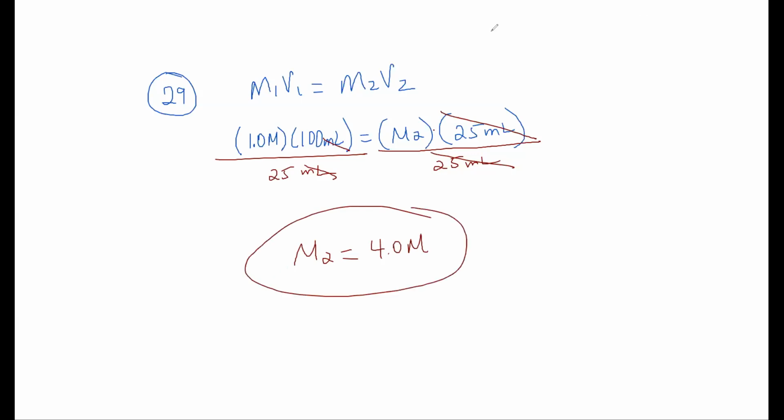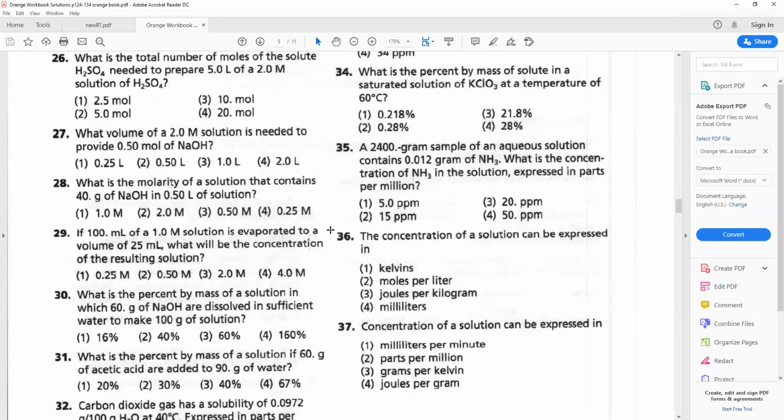So let's clear over here and go back to our question. We're going to say that question number 29 is 4 molar. Now they're asking percent by mass. We have seen this before.